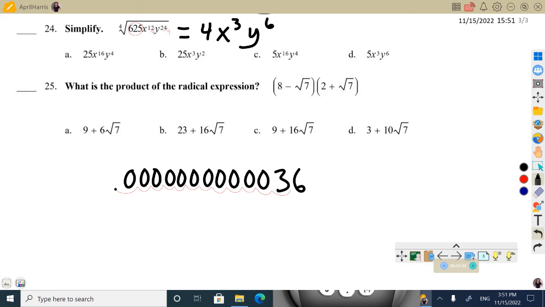I'm sorry, I said 4 when it really was 5. My bad. Hopefully you're seeing this. The 4th root of 625 is 5. All right. And so we get 5x cubed y to the 6th.